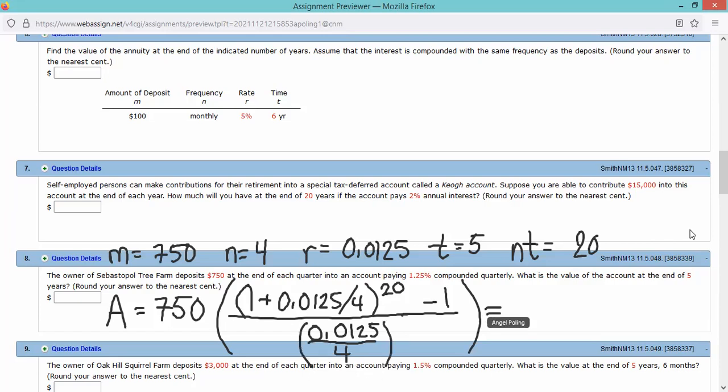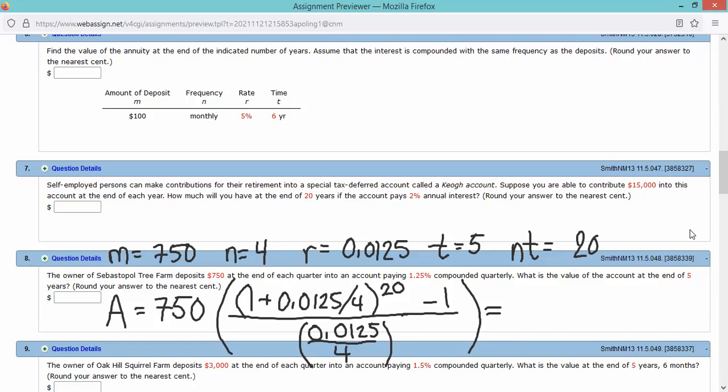Okay, so entering this into the calculator, 750 times parentheses 1 plus 0.0125 divided by 12. No, sorry, I always do 12. I'm so used to the monthly thing. Okay, divide by 4, raised to the power of 20, take away 1, in parentheses for the numerator.